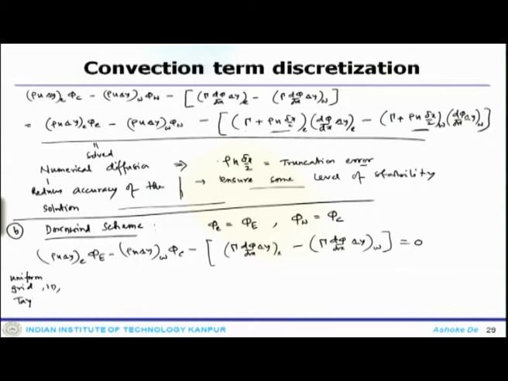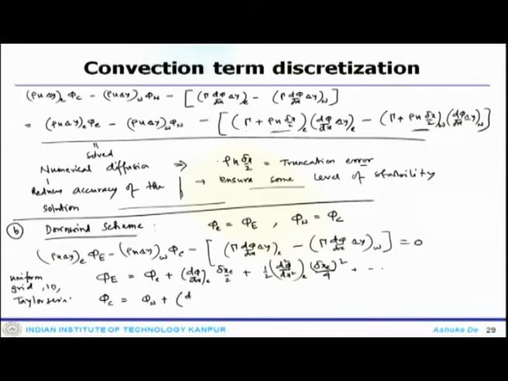In 1D, we use the Taylor series. Phi E equals phi E plus d phi by dx at E del x E by 2 plus half d2 phi by dx2 at E del x E by 2 whole square, and phi C is phi W plus d phi by dx at W del x W by 2 plus half d2 phi by dx2 at W del x W by 2 whole square.